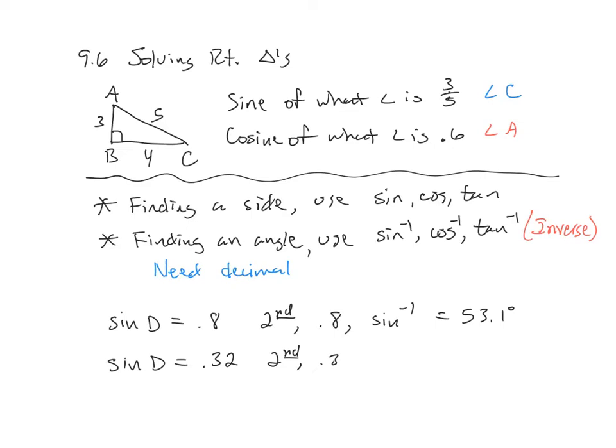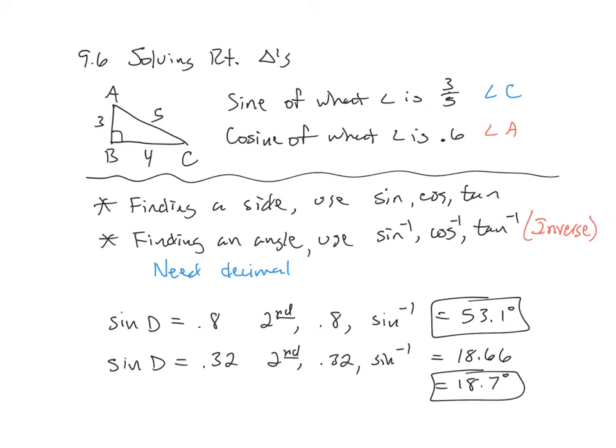Then you would type in 0.32, like this is on an iPhone, 0.32, and then you would type in sine -1, and it equals 18.66, and it's going to have you round off to 18.7. Okay, so they should be really straightforward problems once you understand how to press the buttons on the calculator.